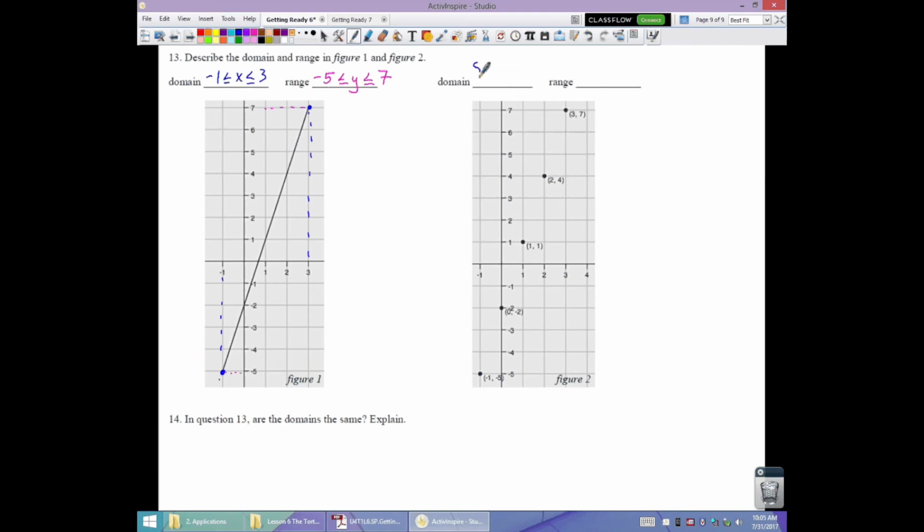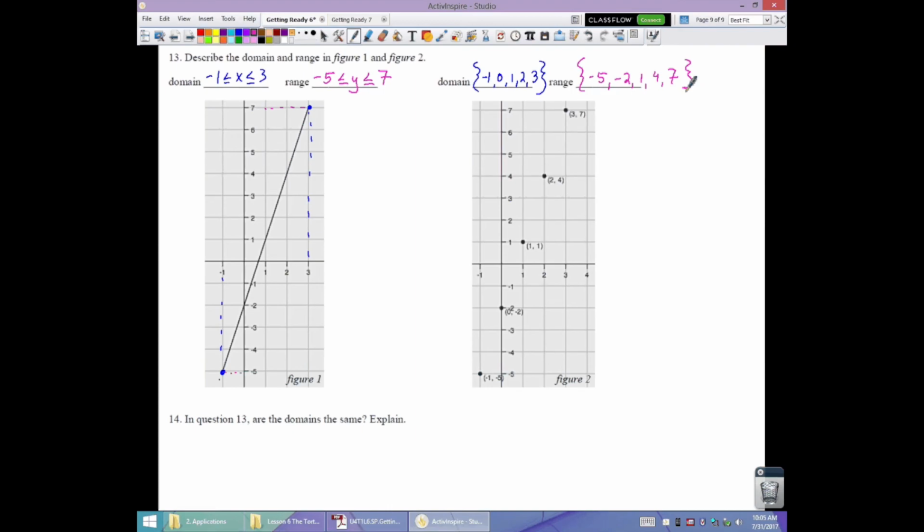This time, our domain, the x values, would be -1, 0, 1, 2, and 3, and nothing else, just those 5 values. The range values, same idea, we just list them. It's -5, -2, 1, 4, and 7.